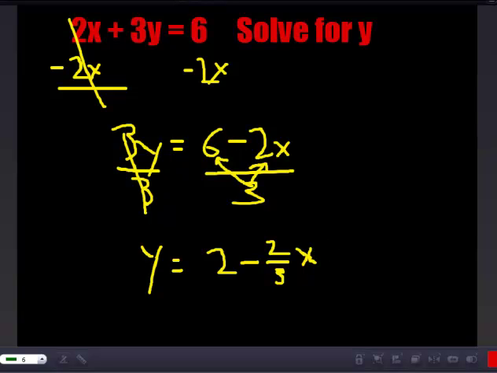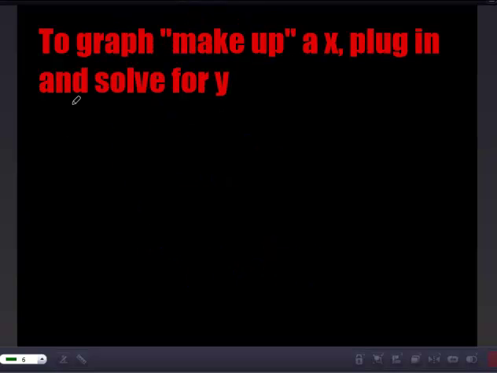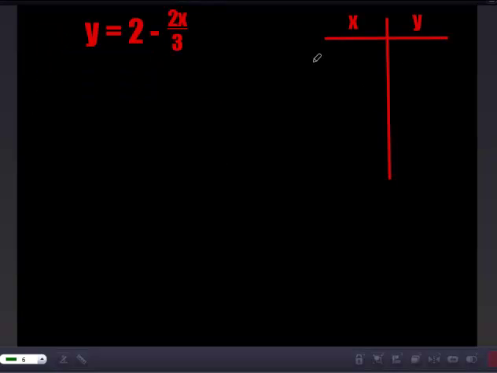To figure out what some of those answers are, we would just pick whatever number you want for x and plug it in and then solve for y. We can use one of these tables if you would like. I'm just going to randomly pick 9 for x. So y equals 2 minus 2 times 9 over 3.